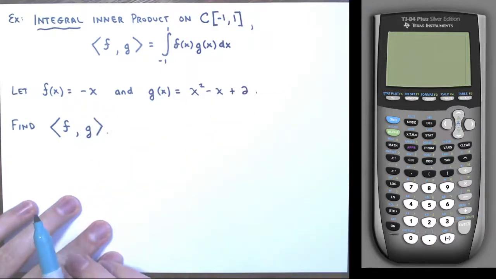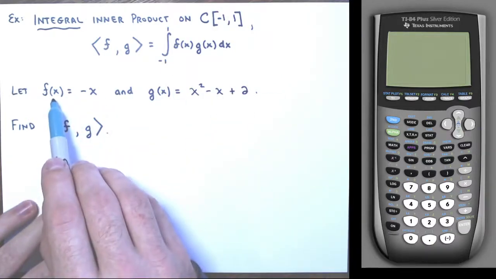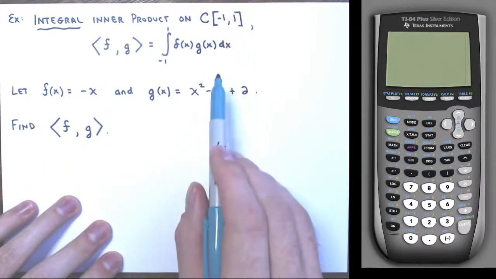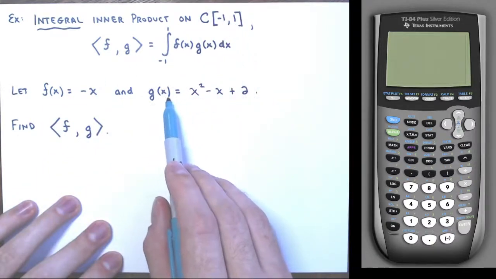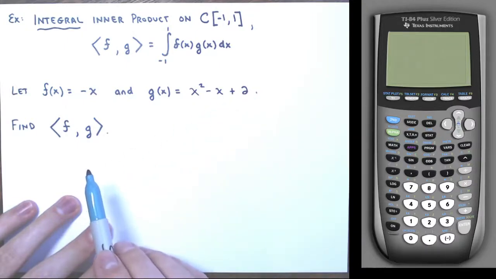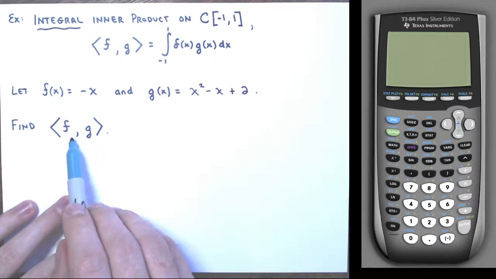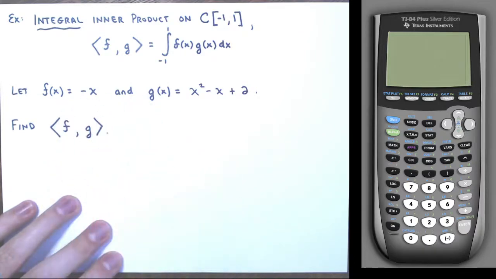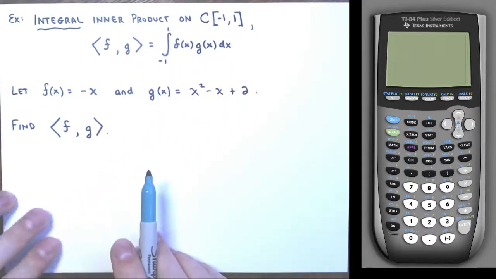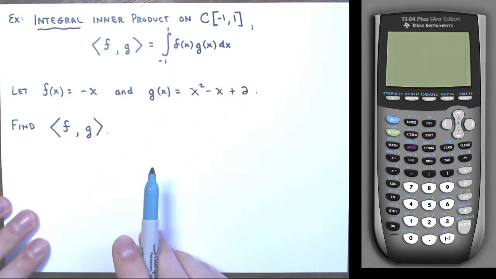But here are my vectors, right? This first function, f of x equals negative x, that's continuous from negative 1 to 1, that's in this vector space, and g of x equals x squared minus x plus 2. And I'm asked to find the inner product of these two vectors, these two functions, using the rule. Right, using the inner product on this vector space that we are given, this integral inner product.